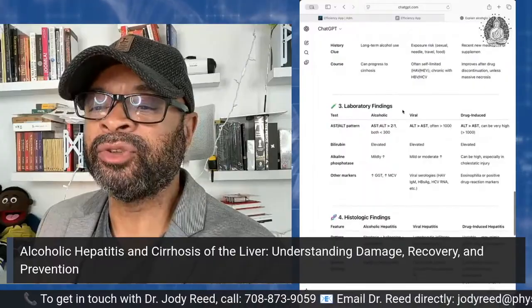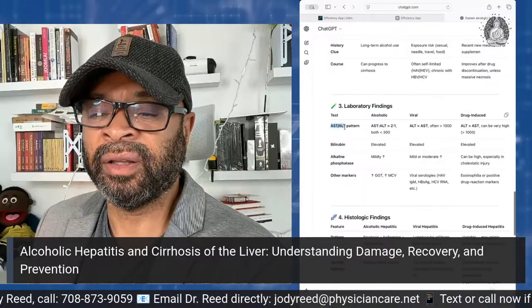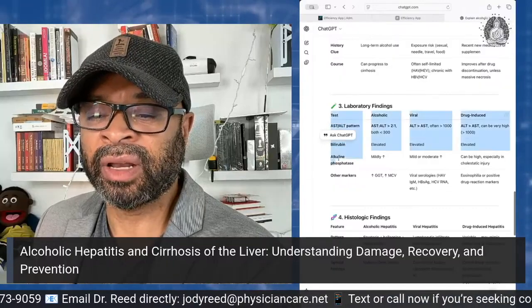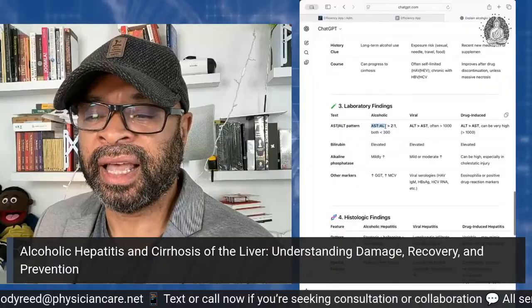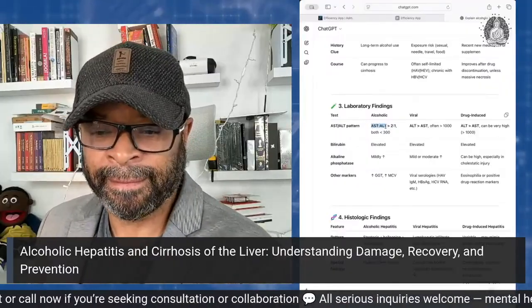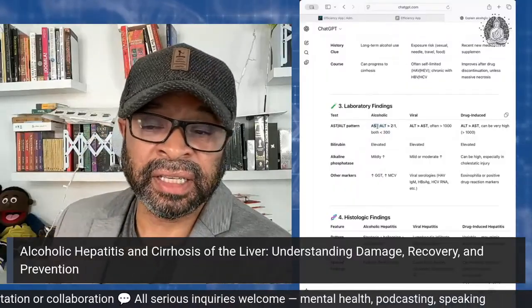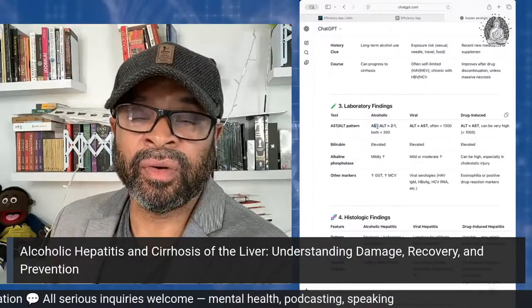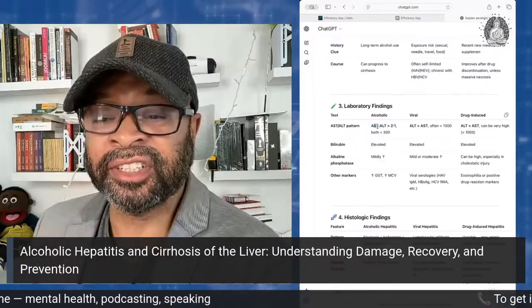Let's look at laboratory findings here. We're going to look at the AST-ALT pattern, bilirubin, alkaline phosphatase, and other markers. For alcoholic hepatitis, the AST to ALT ratio is 2 to 1. AST is a marker for organ injury, but it's not specific to the liver.